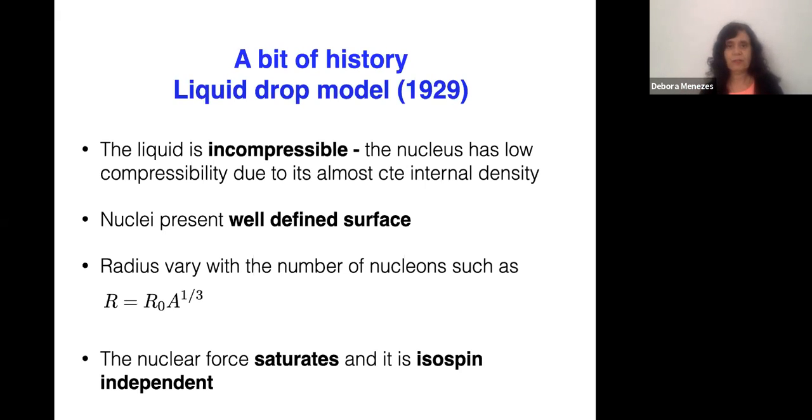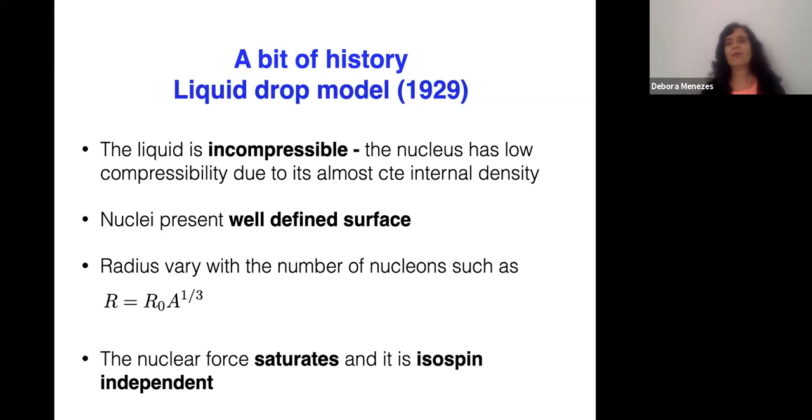We are going to see a figure. And the radius varies with the number of nucleons, or the radius of the nucleus is proportional to the amount of nucleons, where nucleons are protons and neutrons inside. So this equation shows that the radius is R0, a constant, around 2 Fermi, times A^(1/3). So the nuclear force saturates, and it's also isospin independent. What does it mean?